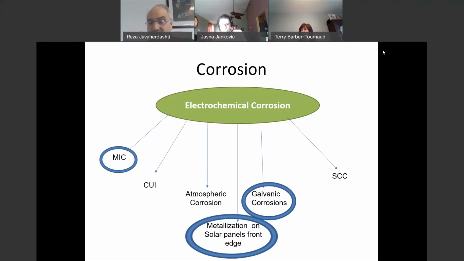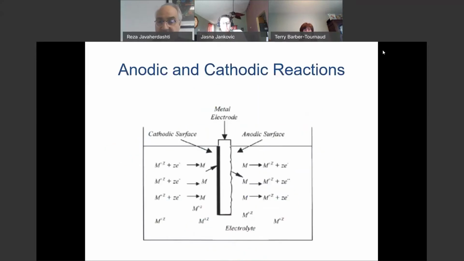And the ones with these blue circles around them are basically the main corrosion processes that could be affecting PV solar panels. Atmospheric corrosion could also play an important role, but the ones with these blue rings around them are the most important corrosion processes.